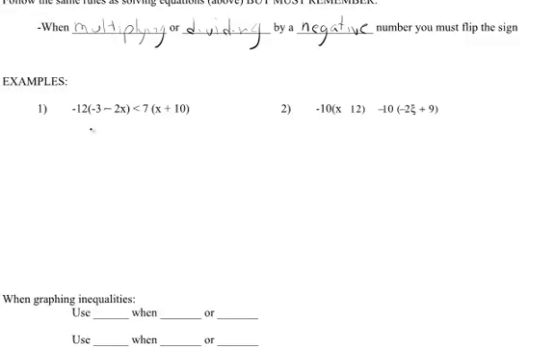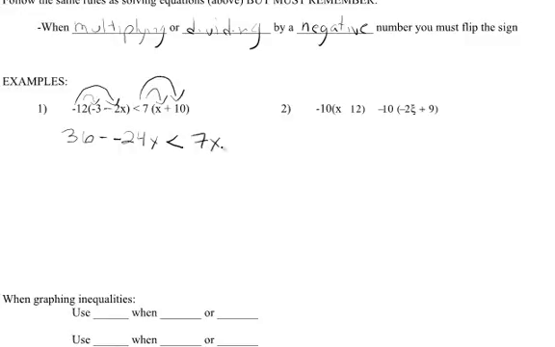Okay, so the first thing we need to do is distribute. So we've got negative 12 times negative 3 is positive 36. Negative 12, look at this minus, negative 12 times 2x is negative 24x less than, okay, we've got to distribute this, so 7x.